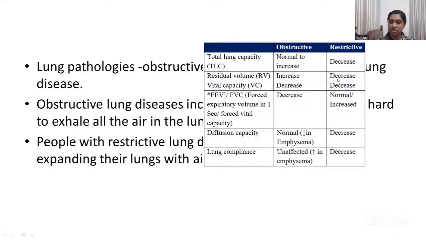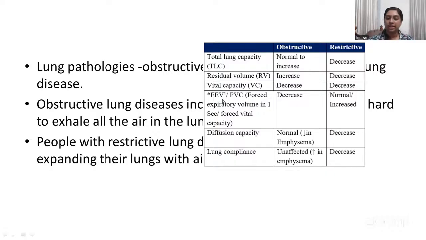Next is forced expiratory volume in 1 second divided by forced vital capacity. That will decrease in obstructive. Why? Because expiratory volume will be reduced. Okay, let's continue.